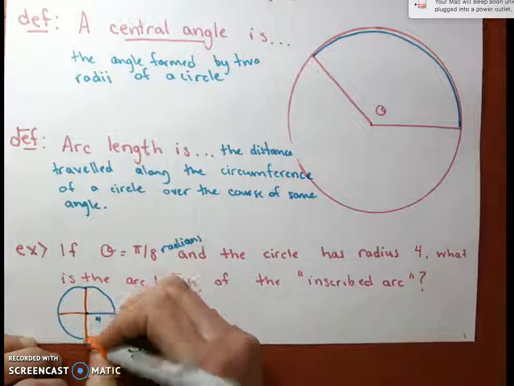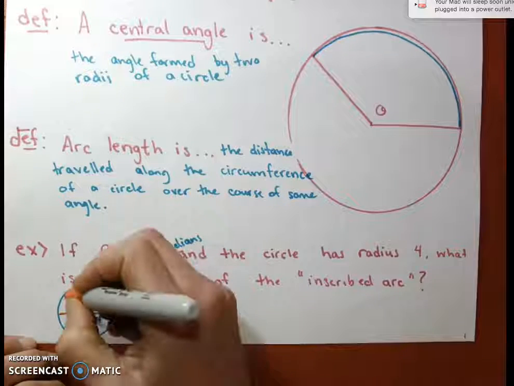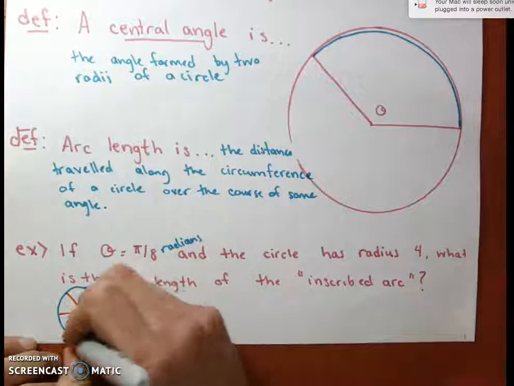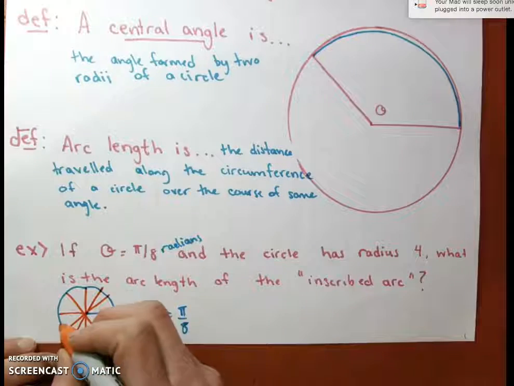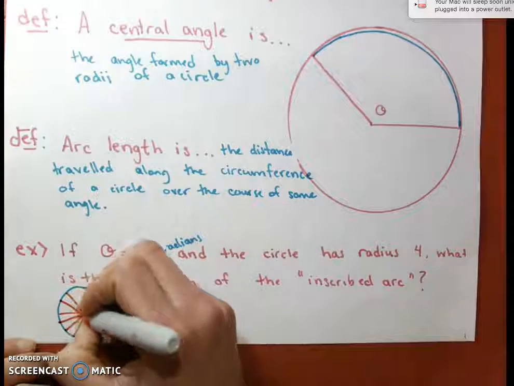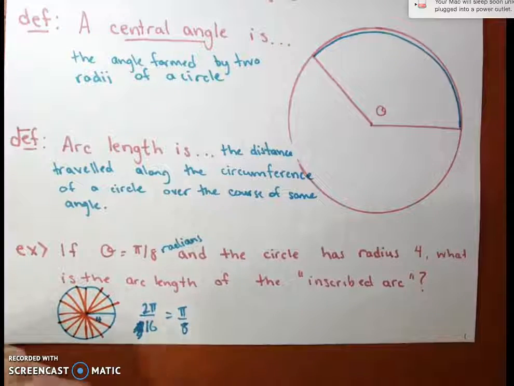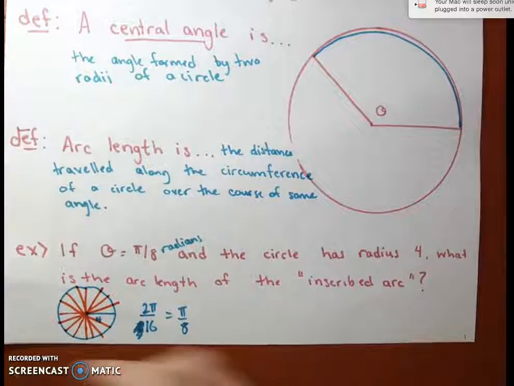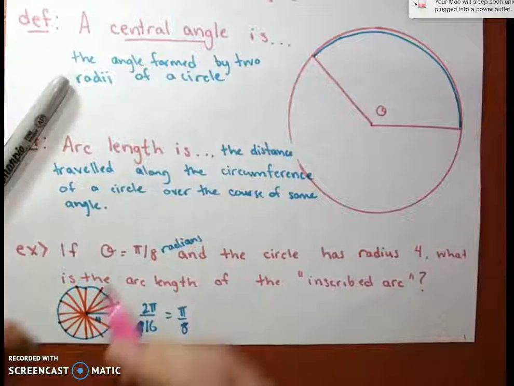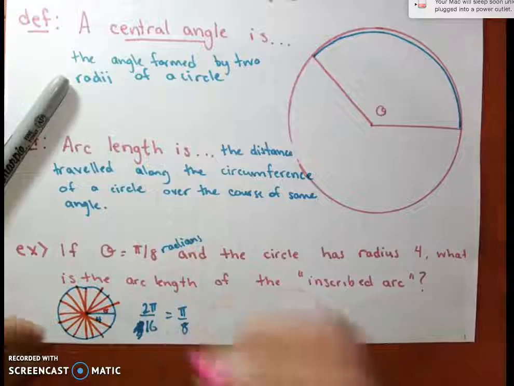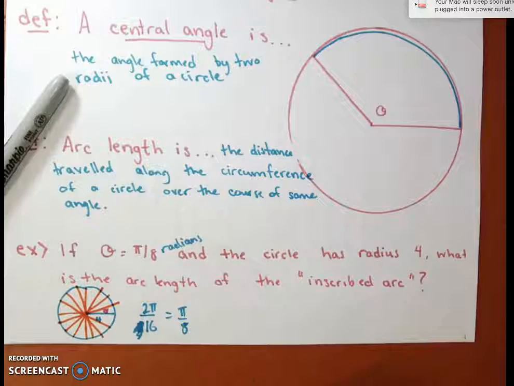Now I've broken it into 4 equal parts. Now I've broken it into 8 equal parts. Now I've broken it into 16 equal parts. Then I'm talking about the angle theta, which is located in one of these. So that's pi over 8 radians.